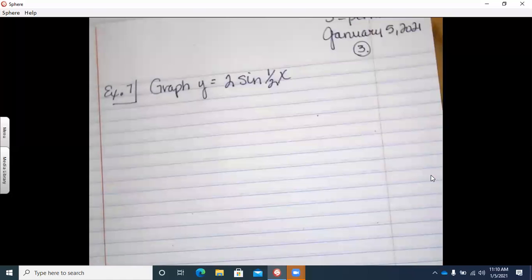And it does not say when x is between 0 and 2 pi. So if it doesn't say, you just graph one cycle.